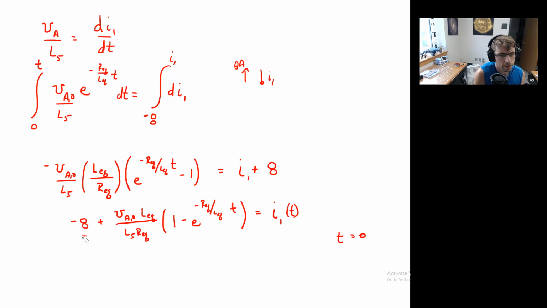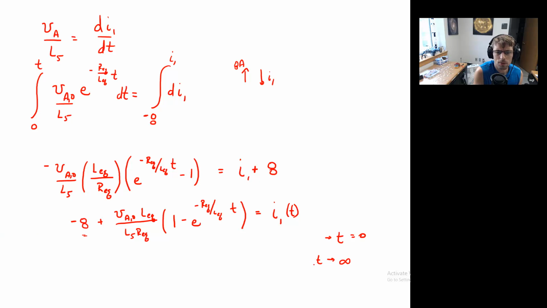Now, one of the things that seems kind of odd here is that when time is equal to 0, everything's kosher. But it seems weird when time goes to infinity, right?